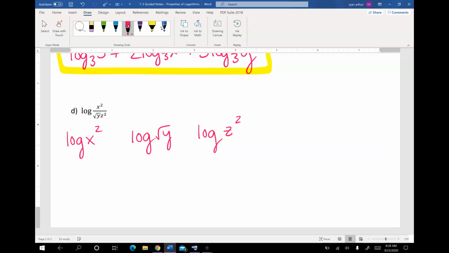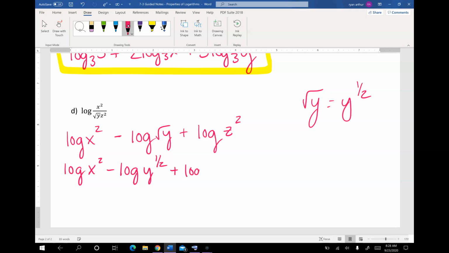Now, x squared and the y are being divided, so they're going to be subtracted. The y and the z are being multiplied, so they're going to be added. Now, the square root of y is the same thing as y to the 1/2 power. So I'm going to rewrite this as log of x squared minus log of y to the 1/2 power plus log of z squared.